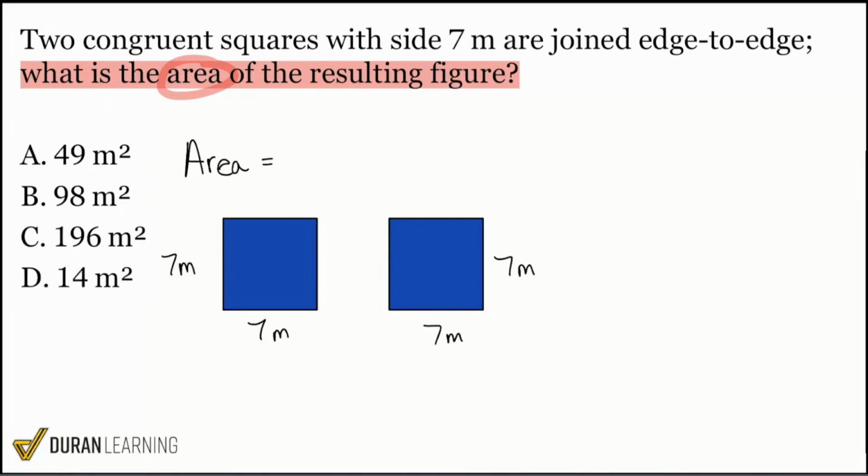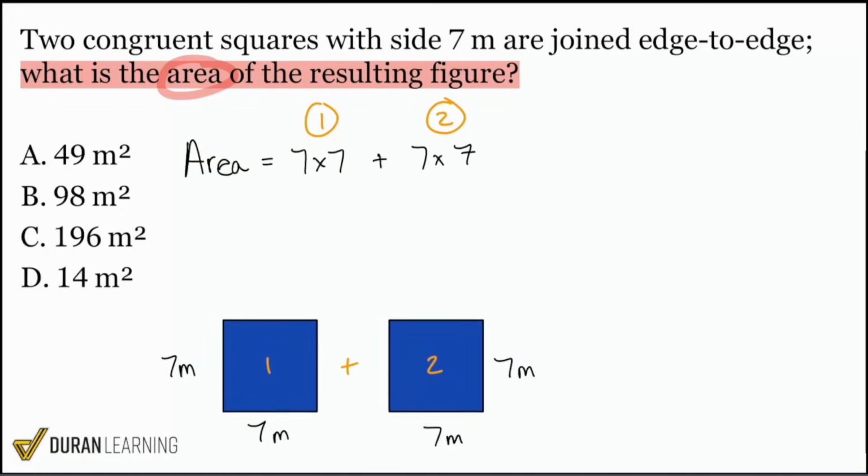So if you think about it like that, like the area of square 1 plus the area of square 2, well, we can say that the area of the first one is a square, so it's 7 times 7. And the area of the second one is just 7 times 7. We can think about it just like that. And so if we bring this down a notch, let's go ahead and write this out. 7 times 7, everybody, is going to give us 49, nice and easy.